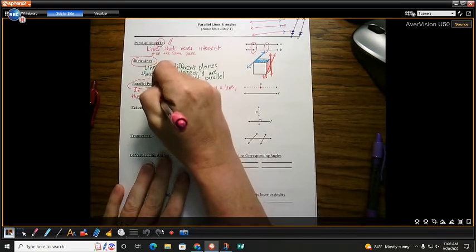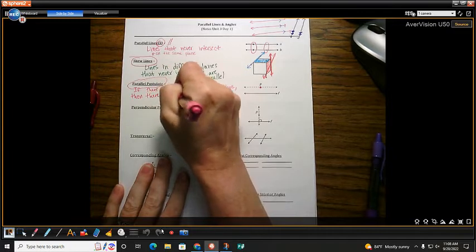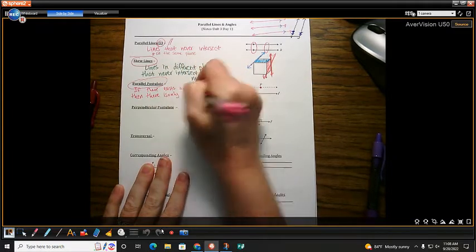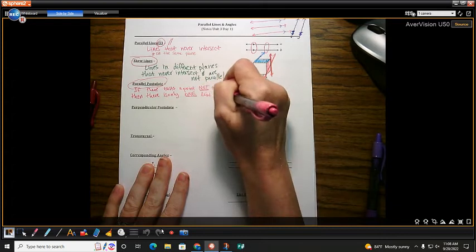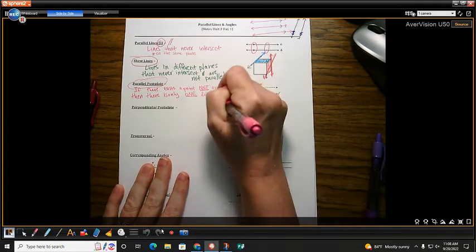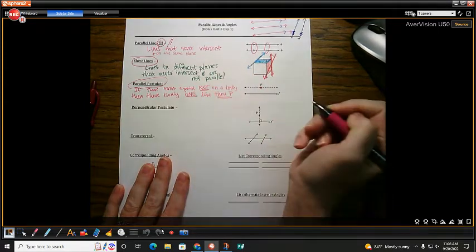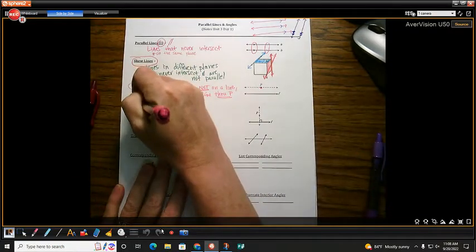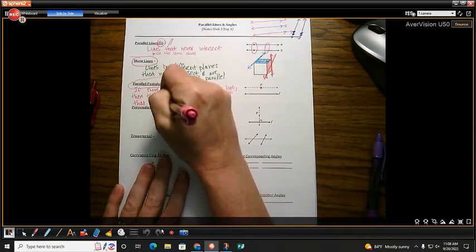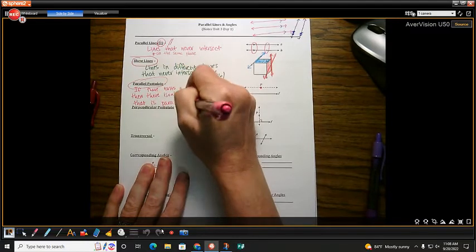There is only one, count them, one line through point P that is parallel to the other line.